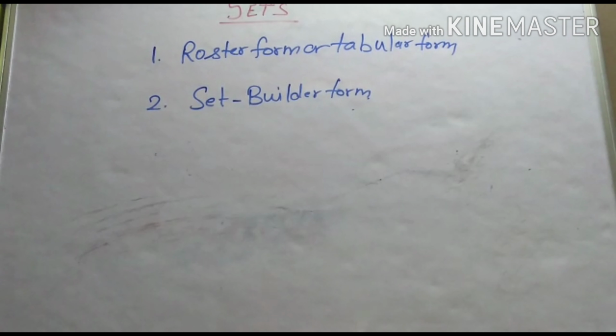Now there are two methods of representing a set. Number one is roster form or tabular form and the second method is set builder form.